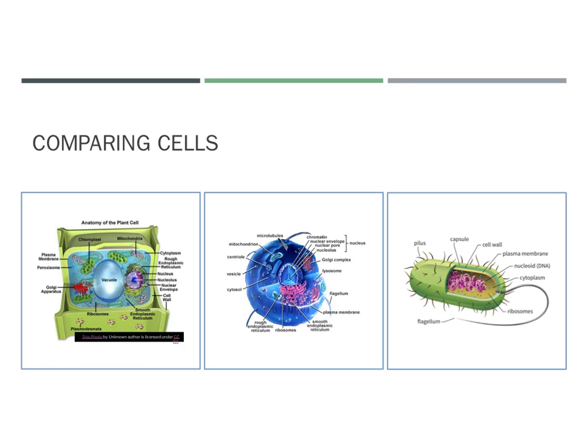All right, so finally, I just want you to think about comparing cells. So how are they different? We can break up cells into multiple different categories. So we can break them up into prokaryotic cells, and we can break them up into eukaryotic cells.